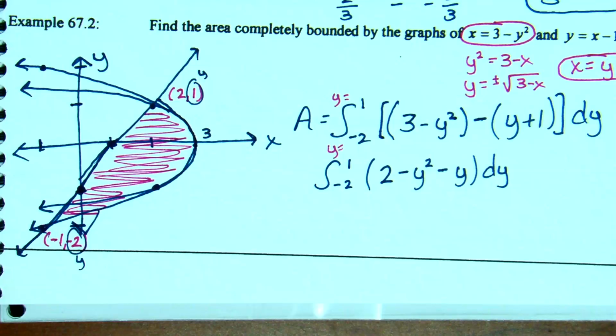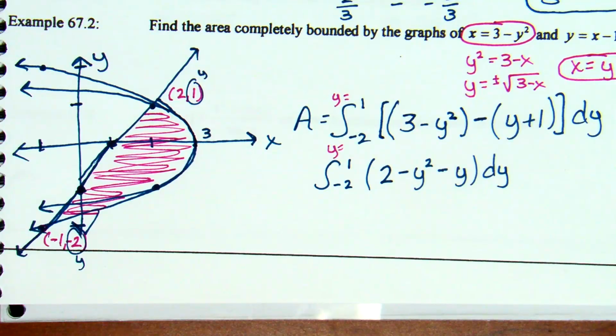We still have minus y squared, and it's going to be minus y dy. I'm not saying you have to do that, but I think it's just a little nicer cleaned up there. Okay, especially if you're doing this by hand, right? Which we're still practicing doing these by hand.